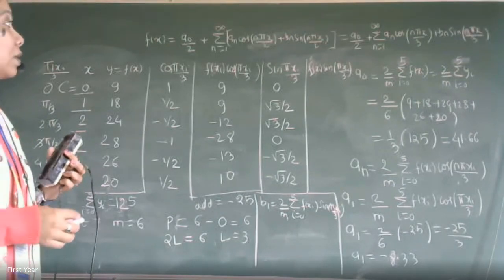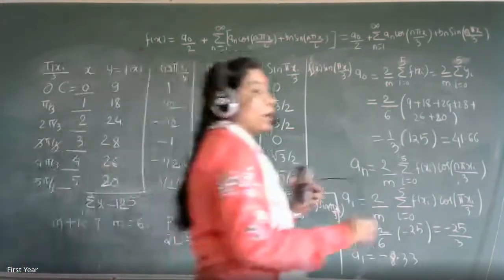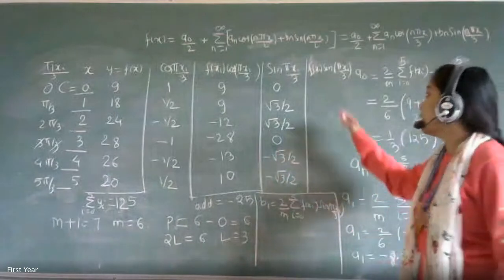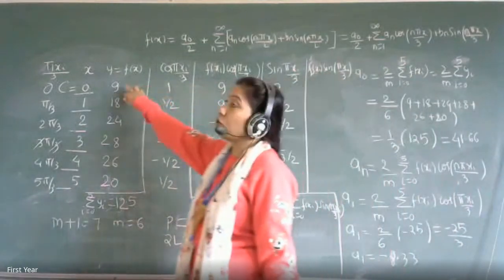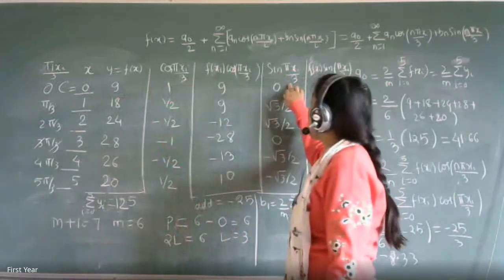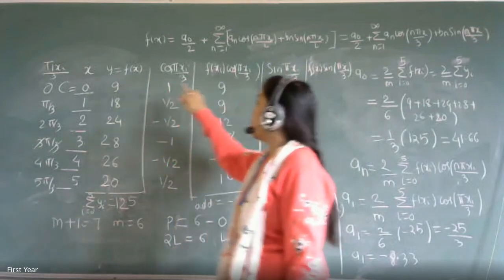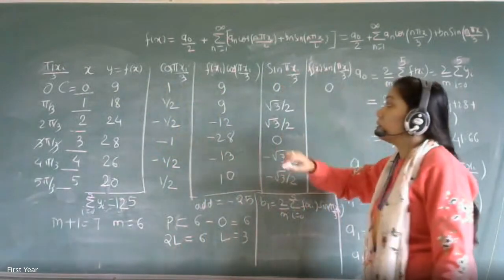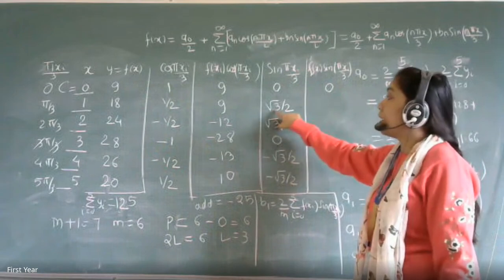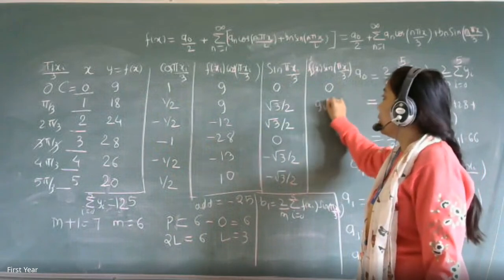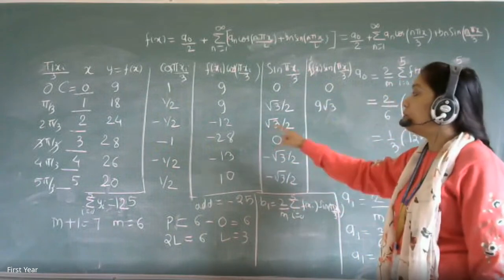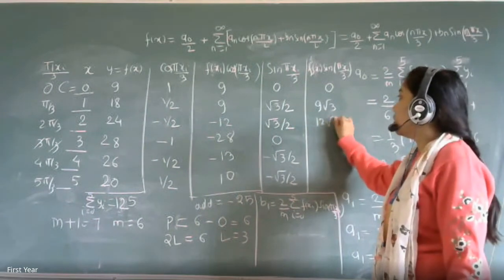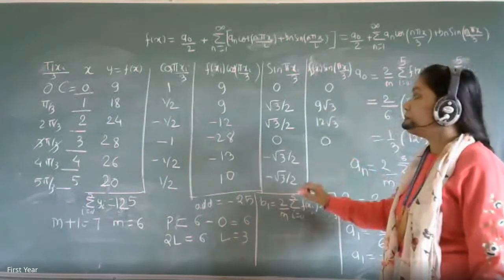Okay. Now let us find out f of xi into sine pi xi by 3 just by multiplying. This is your sine column and this is your f of xi column. 9 into 0 is 0. Then 18 into root 3 by 2 is 9 root 3. Then 24 into root 3 by 2 is 12 root 3. This is 0.